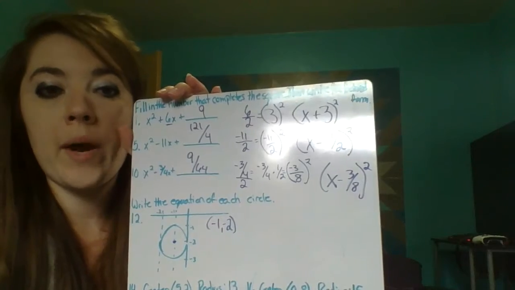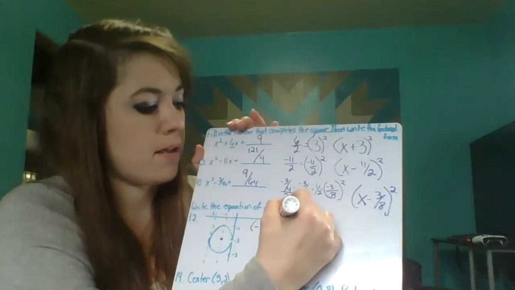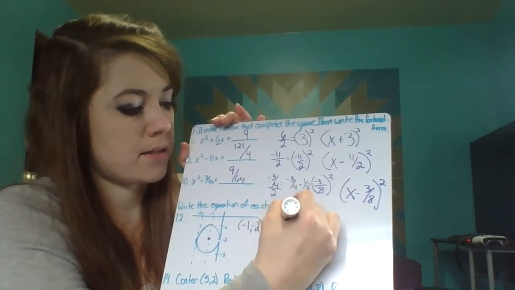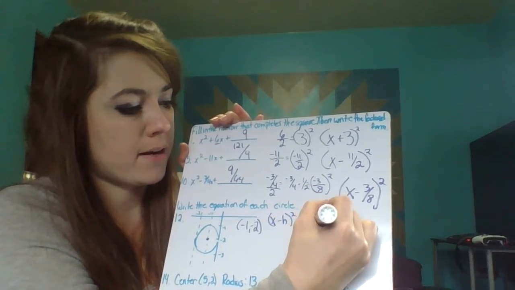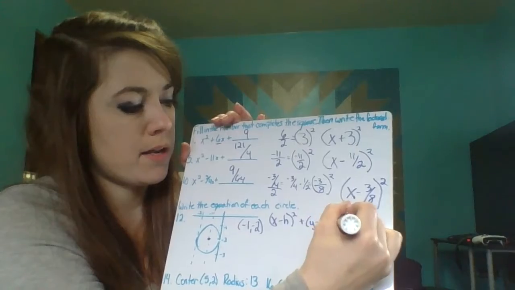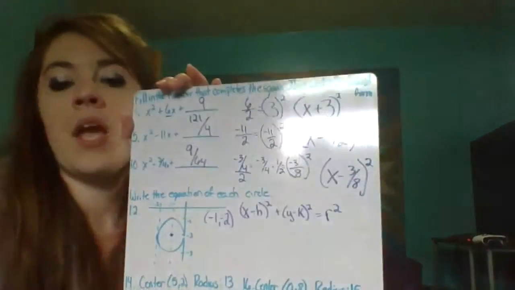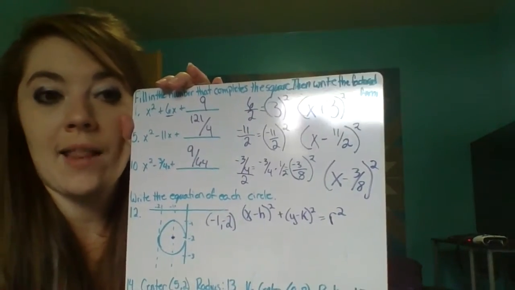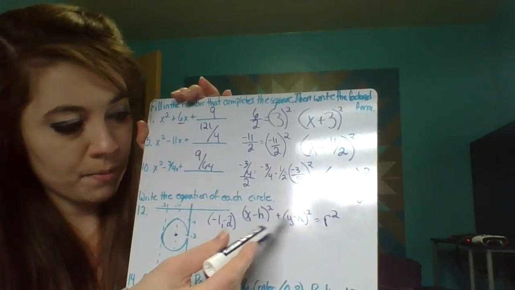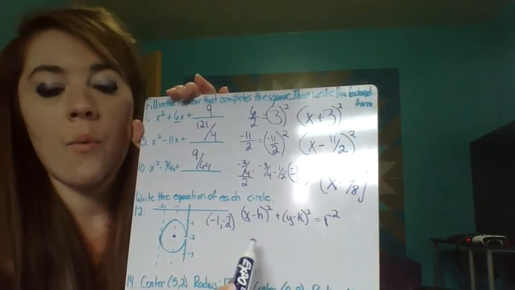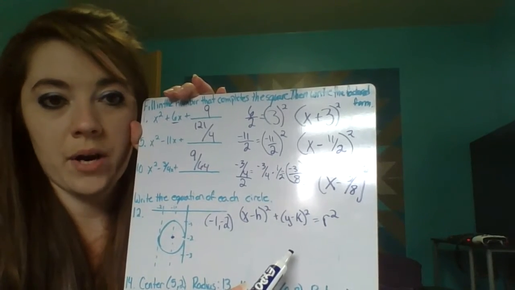Now, the equation for a circle is x minus h squared plus y minus k squared equals r squared. So in the cases that we looked at last time where the origin was just 0, 0, it makes sense if we plug 0 in for h and k, why we would just have x squared and y squared.